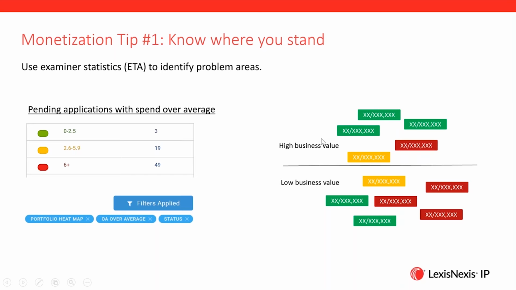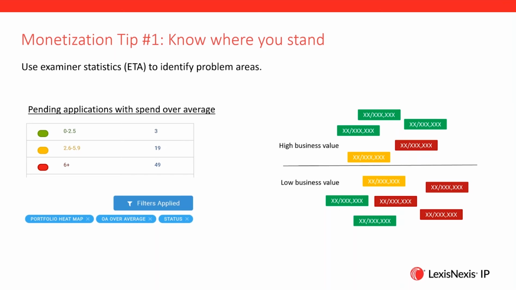Another thing that a lot of our customers like to do with this ETA data, mapping it onto their portfolio, is to compare the ETA of an application with its business value. So in our tool, you can upload any data that you want of your own. For example, you can upload the individual attorney working on each of your cases.